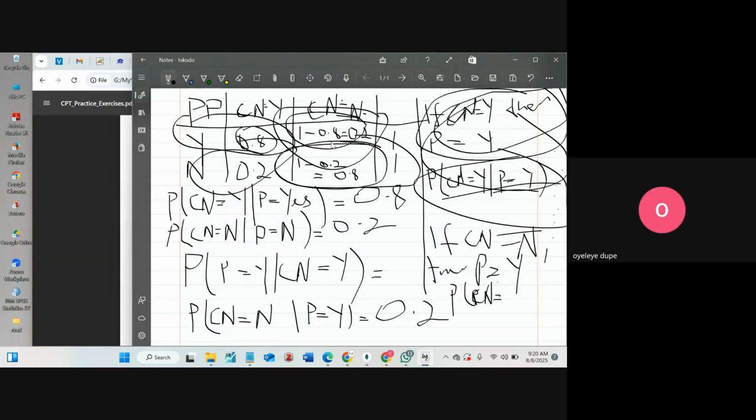Remember, I'm doing the first one, right? Second with the first column. No, 0.2, the other part. No, this one. Yes. I've already done this one.